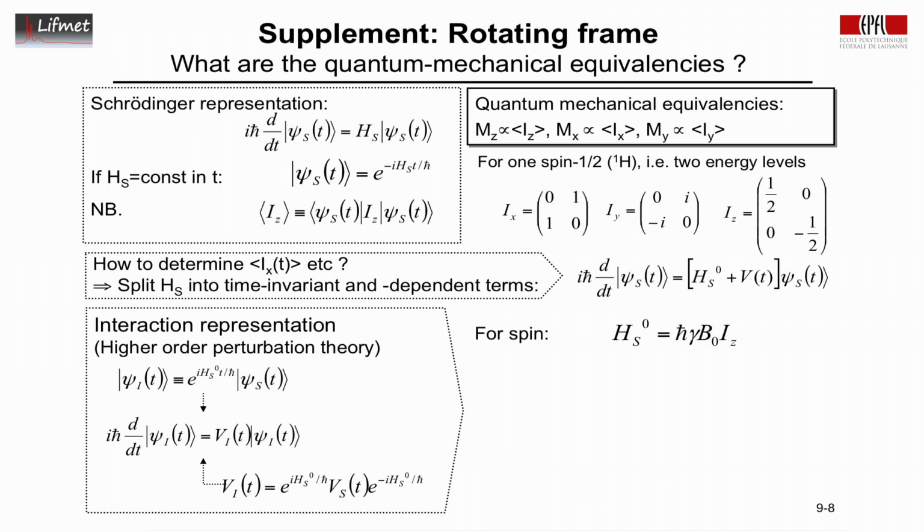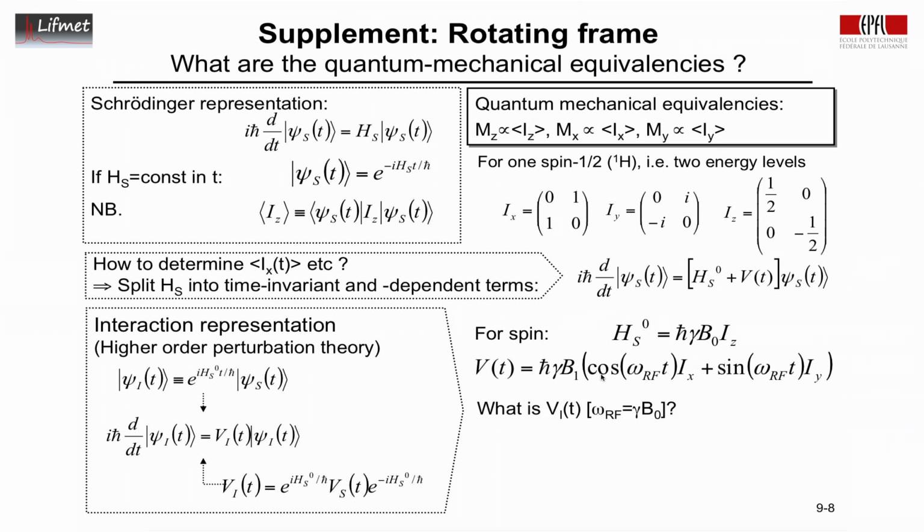Now for a nuclear spin, this is all general theory. For a nuclear spin, the static Hamiltonian is the one associated to the magnetic field. That's the one that generates the two energy levels. Hence we have Iz here as the operator. And we can take the time variant Hamiltonian given by this term here.